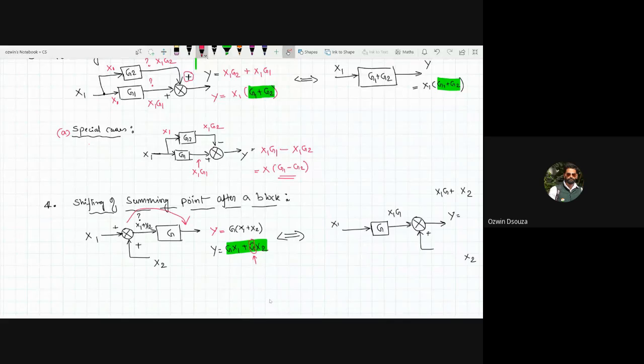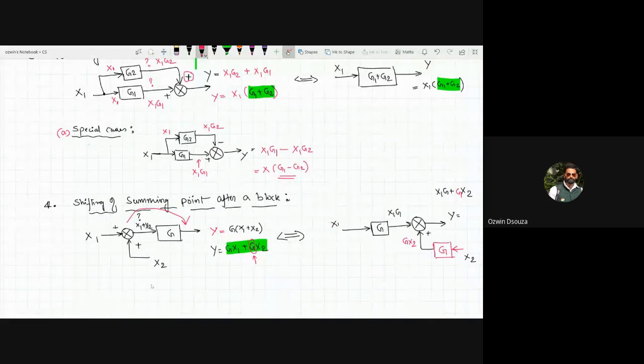In order to maintain the same output in both cases, you have to do a small manipulation. Over here, you have to multiply this signal x2 with G. If you multiply signal x2 with G, the summer will receive a signal G into x2, so your output becomes Gx1 plus Gx2.